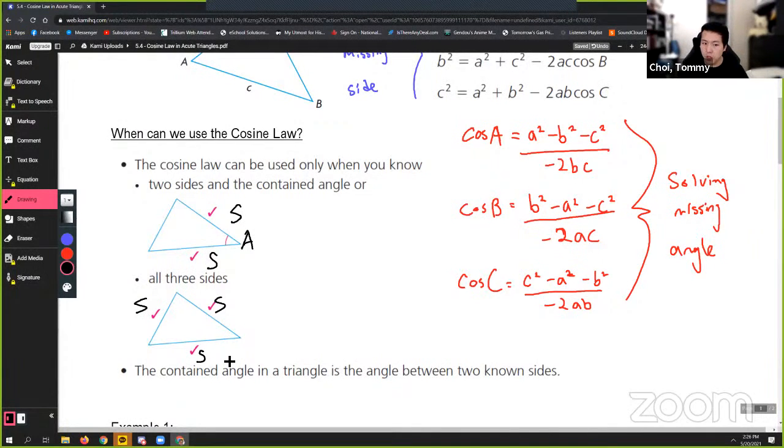So if you're able to quickly identify this, then you're good. And you can clearly see in both of these scenarios there are no angle side pairs. There's no angle side pair on the first one, and obviously for the second one there are no angle side pairs because there are no angles given to you in the first place. So as a result, you decide: no angle side pair, cosine law, boom, and then get started.